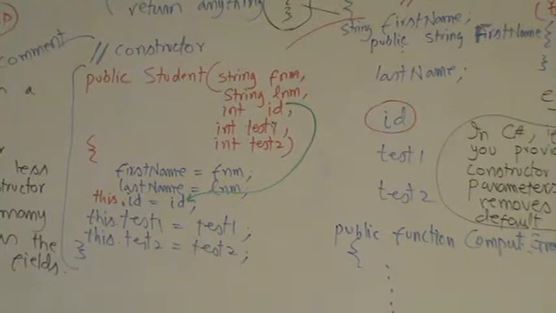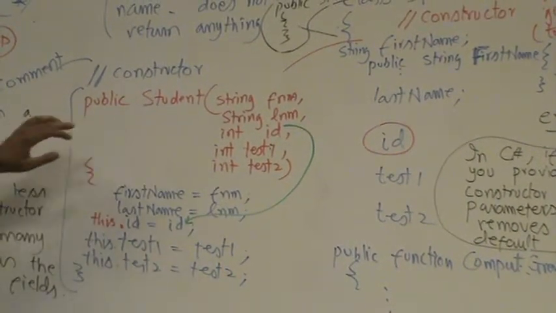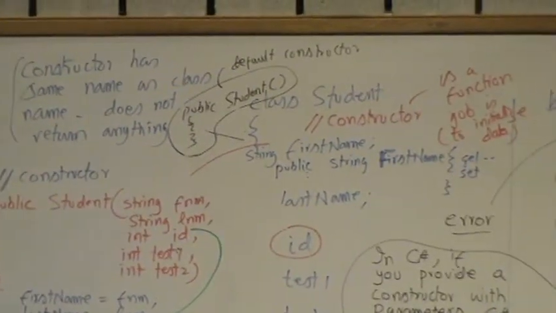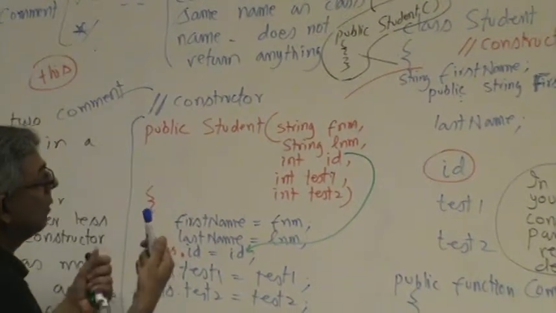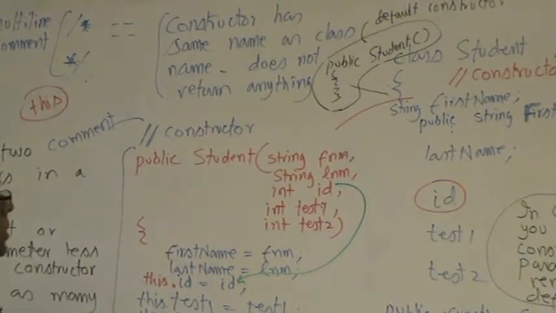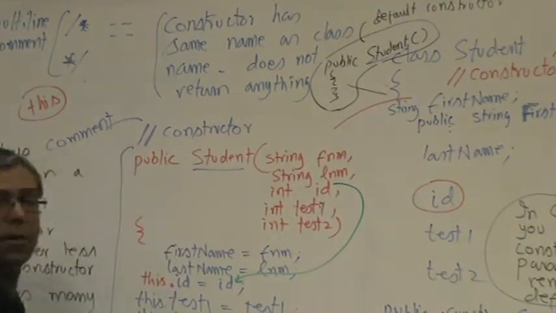Once we have written two constructors, one like this, remember both of them are functions, right? And in both cases, what's the name of the function? The name of the function is student, right?